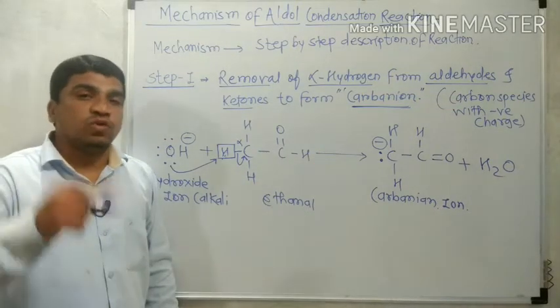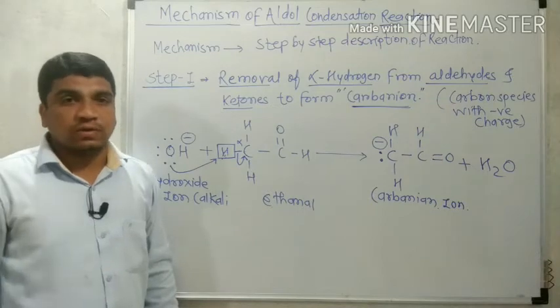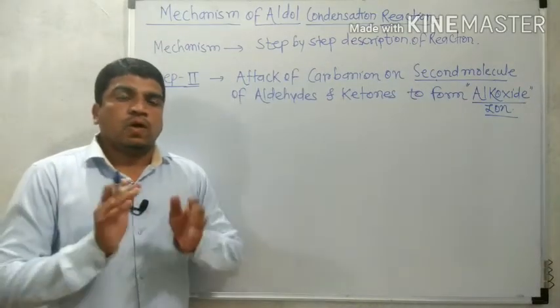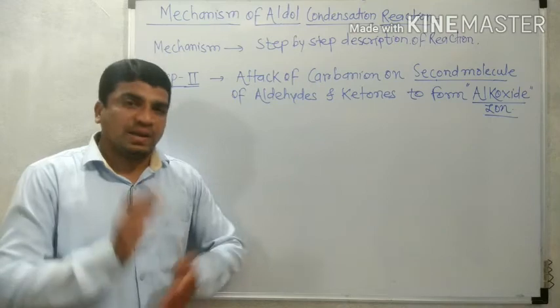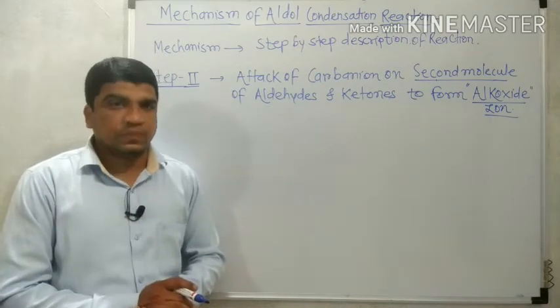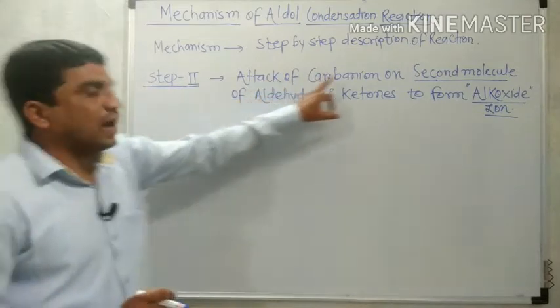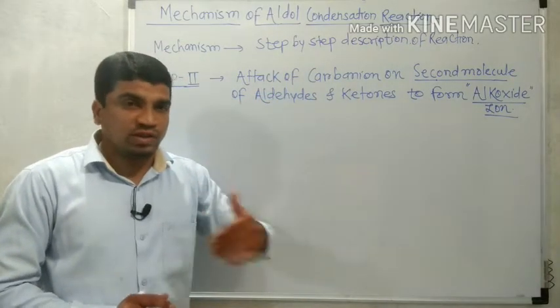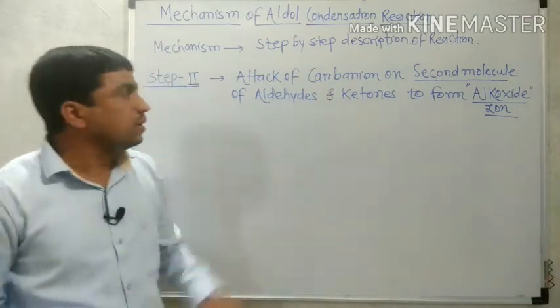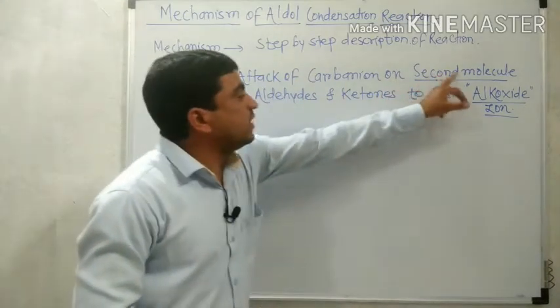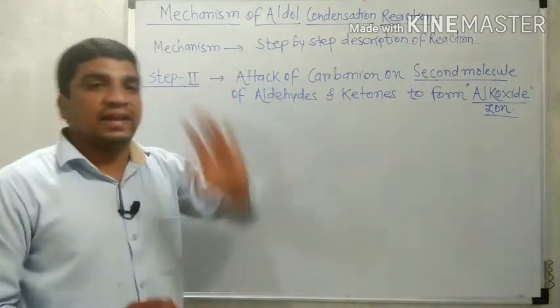Now, we are going to discuss the second step. After the formation of the carbanion in the first step, the second step of the mechanism is the attack of the carbanion. That carbanion formed in the previous step attacks the second molecule of aldehyde or ketone.